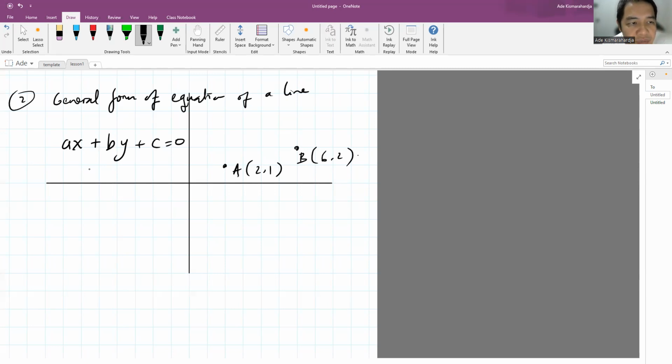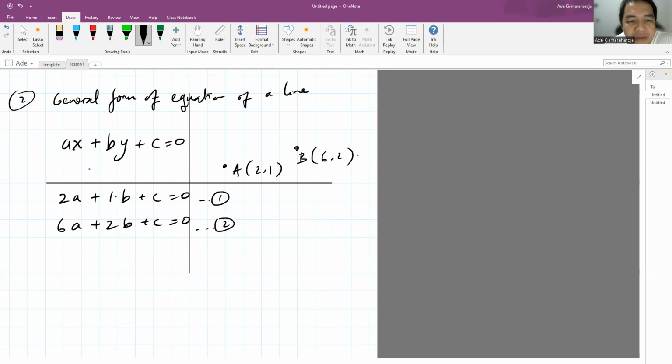When we have those 2 points, you can plug them into this general form. The first one gives you 2a, since the x is 2, plus 1b, plus c equal to 0. That's the first equation. When you plug in the second one, you get 6a plus 2b plus c equal to 0.